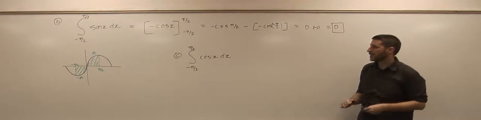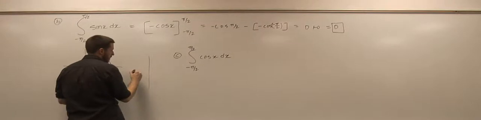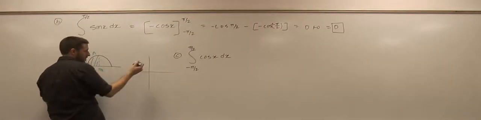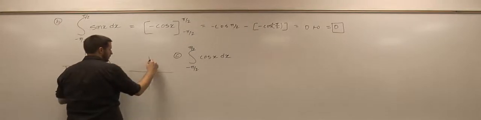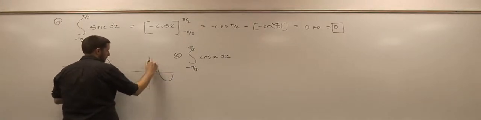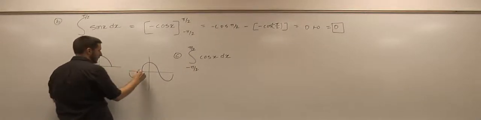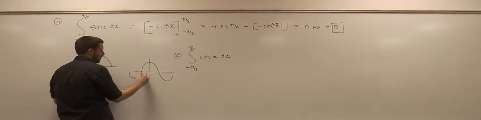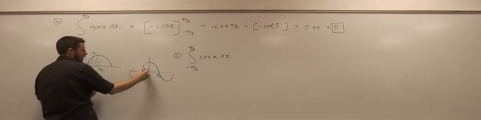No, because cosine, from negative pi over 2 to pi over 2, is all above the x-axis, right? So cosine looks like this. This is negative pi over 2. This is pi over 2. So we're definitely going to get area in this one.